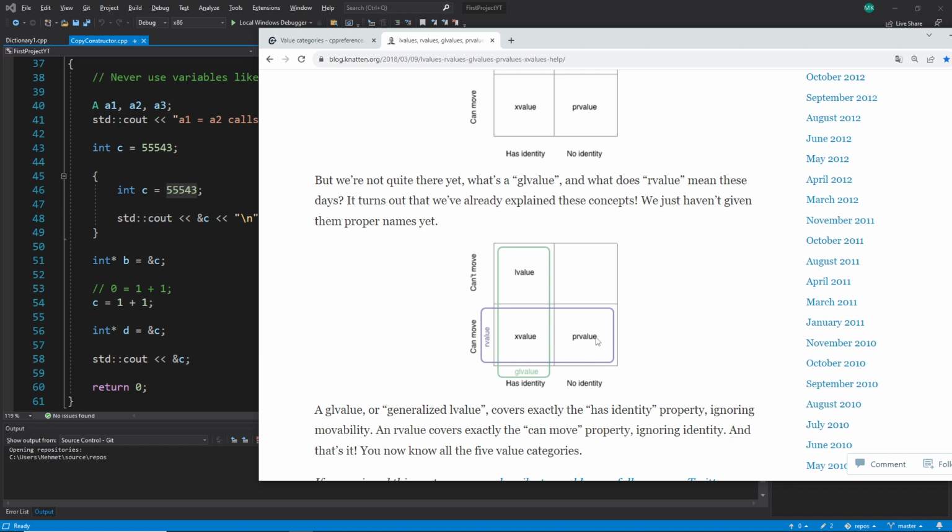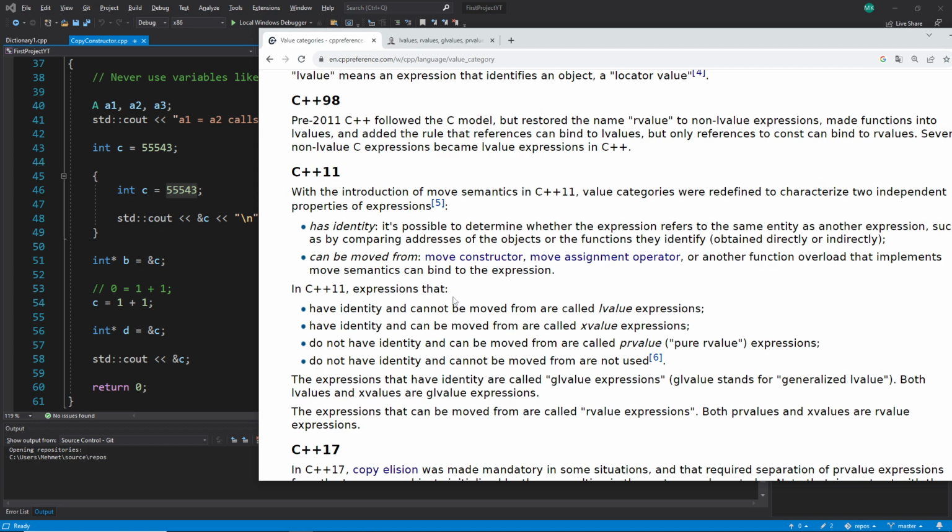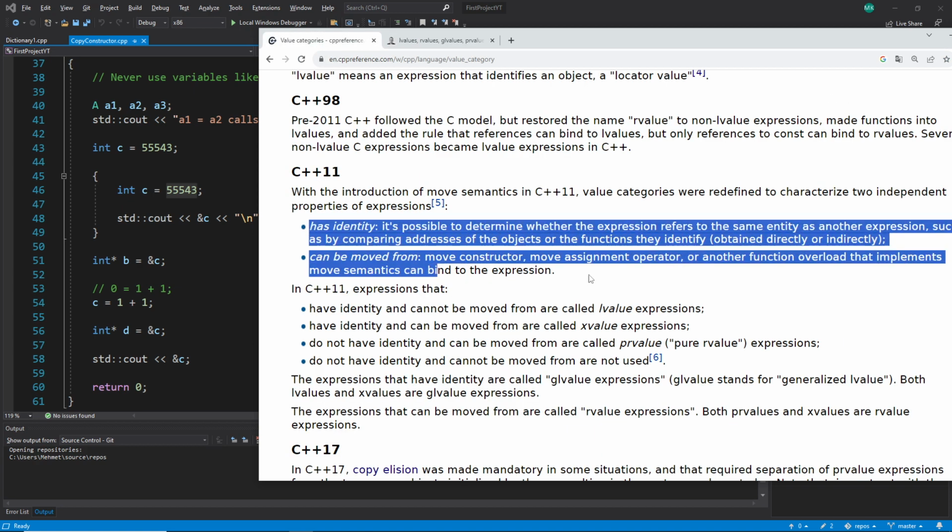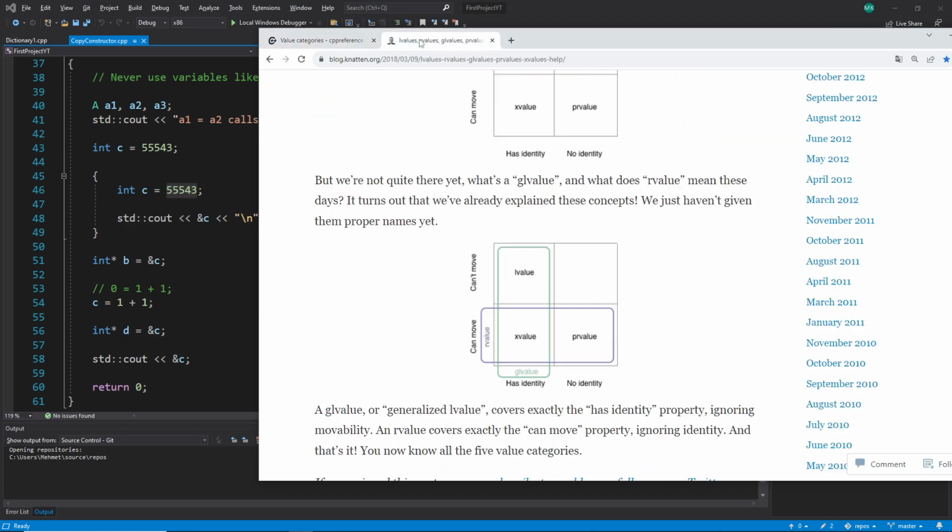But here again, this diagram is nice. When we watch this one, you can see the first property, it can be moved. And again, when we talk about values, we talk all the time about the two properties. Remember, these two properties are describing value categories. And this one is a value category. You can see can be moved, PR value, this, and then has no identity.